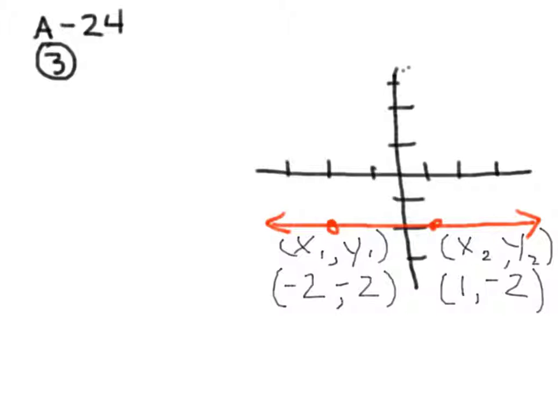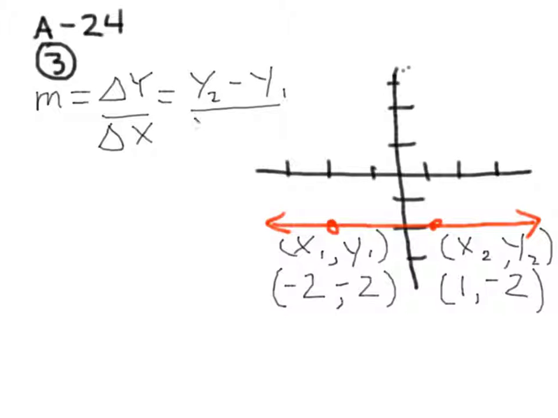So my slope, by definition, is the change in y over the change in x. We're going to say that's y2 minus y1 over x2 minus x1. And that's going to be equal to, well, y2 we said is -2, and y1 we said is -2.